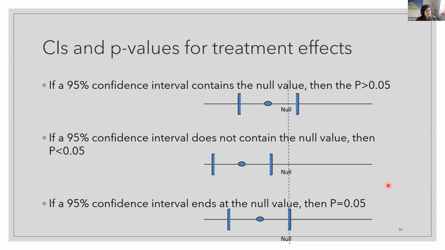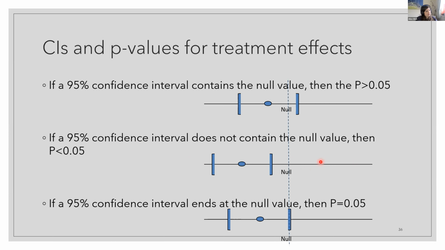Okay, so if your 95% confidence interval contains the null value, then your p-value is actually greater than 5%. If your 95% confidence interval does not contain the null value, so the null value is outside of this, you see that the entire bound is one side or the other. It could be that the lower bound was here and then it went up to here.